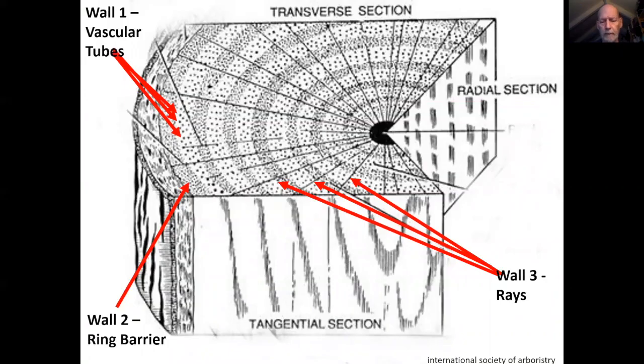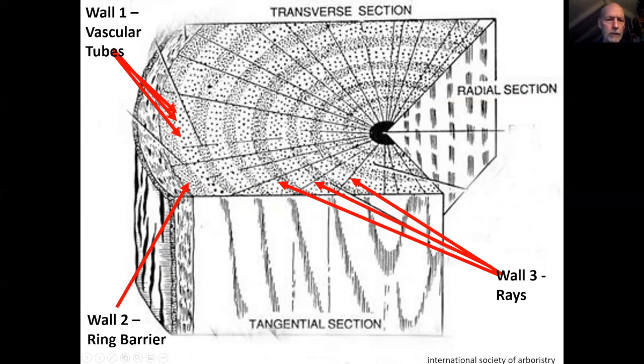Okay, so here we're looking at a tree cookie, and let's assume that we did a pruning cut right here. So we took a branch off here. Now that's an entry point for decay to get into the tree. So as soon as you make that cut, the tree starts a chemical reaction just inside the wound in this area here, where chemicals are released to try to create blockages against the entry of decay causing agents.